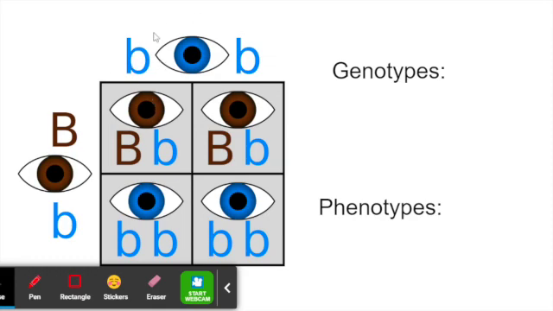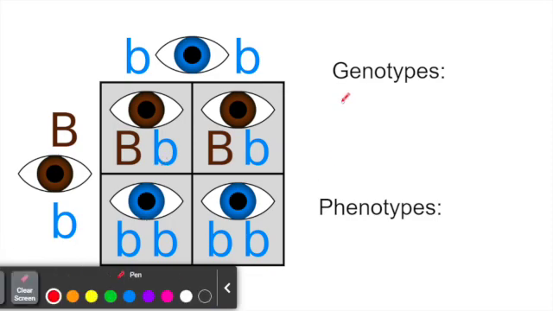Little b is for blue eyes, and big B is for brown eyes. So to begin with, when we look at this Punnett Square, we need to look at the 4 offspring here. When I look at the offspring, I'm going to figure out what the genotypes are. The genotypes are the allele combinations from the father and the mother. Well, I have a big B, little b, so I'm going to put that there. And when I look at this, I actually have 2 of these, so I'm going to put times 2.